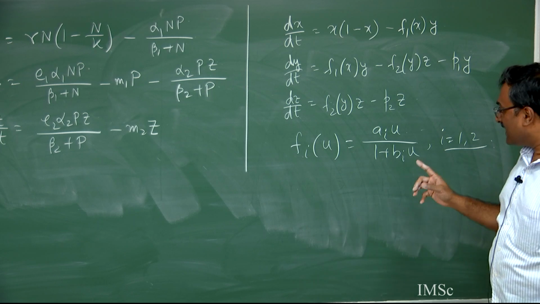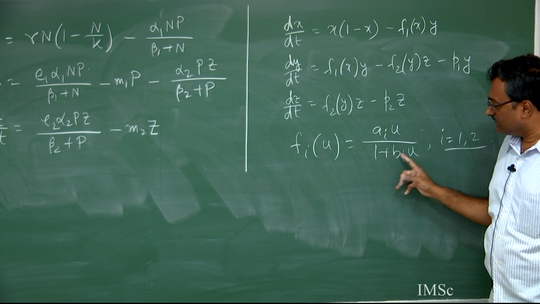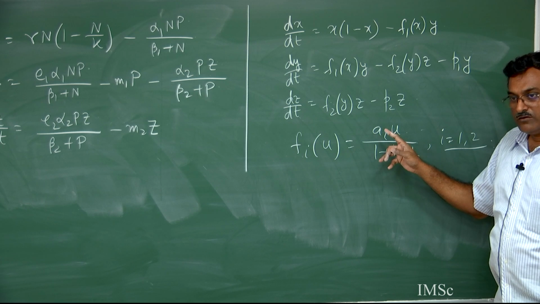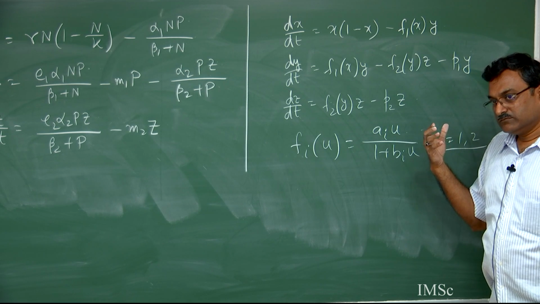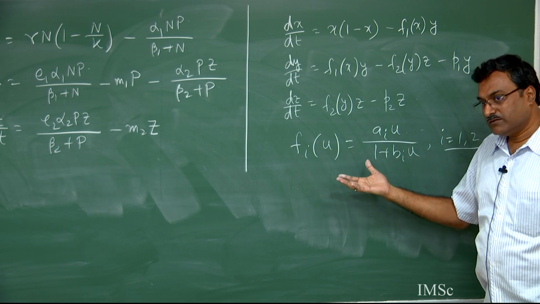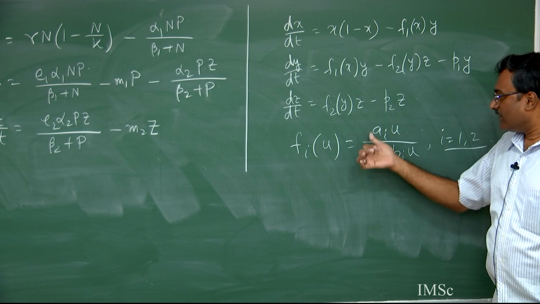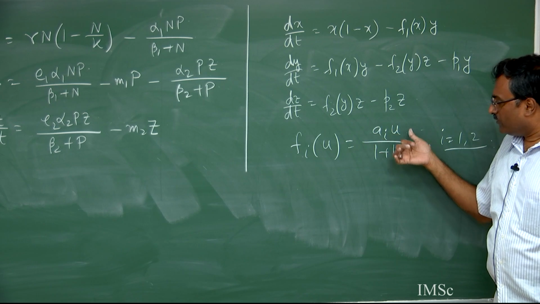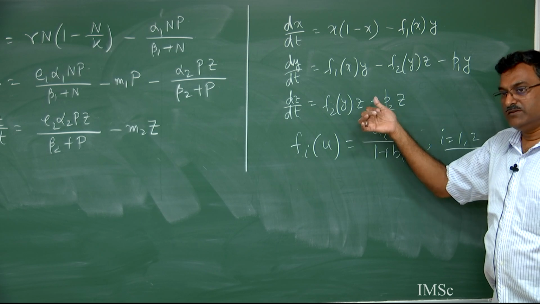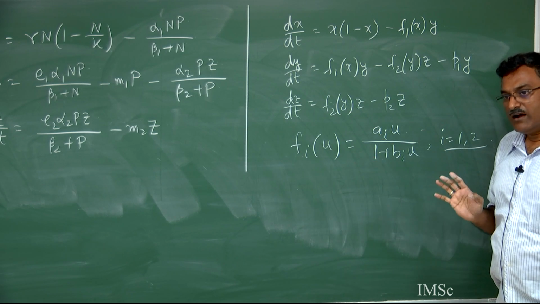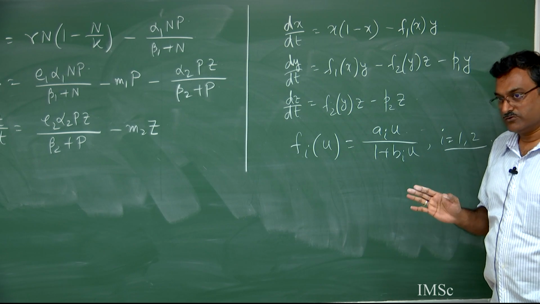So in some sense this particular parameterization has some utility in getting conclusions about the system where, instead of Holling type 2 functional response, we can derive the conditions for which some of them are Holling type 1 also.